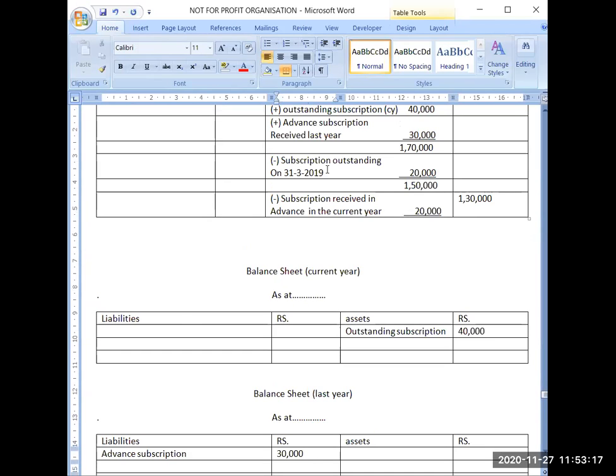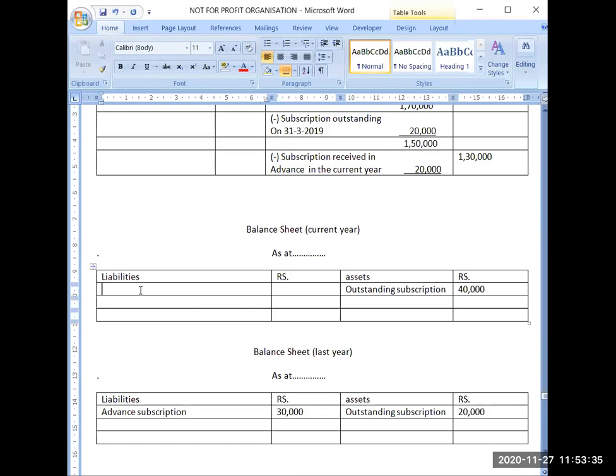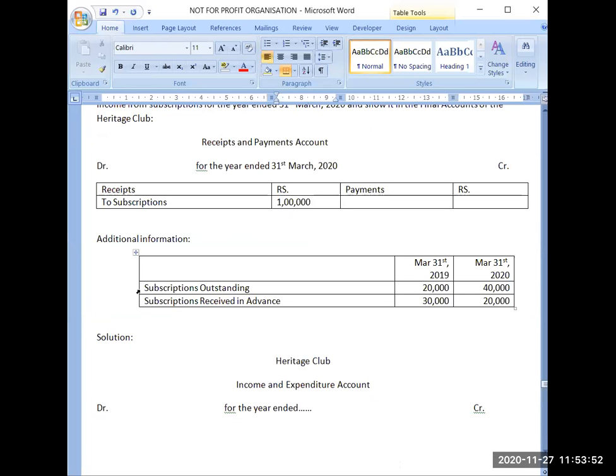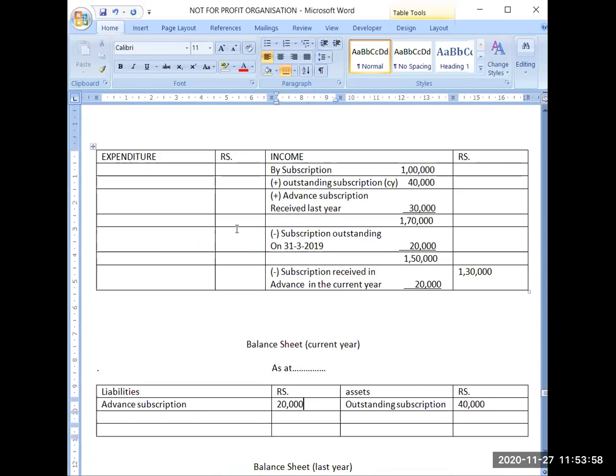Then we have got last year outstanding, that was asset of last year, outstanding subscription 20,000, and we have received subscription in advance in the current year, that is liability of current year, advance subscription 20,000. So this is the proper presentation of these all adjustments and informations regarding subscription in the financial statements of not-for-profit organization.